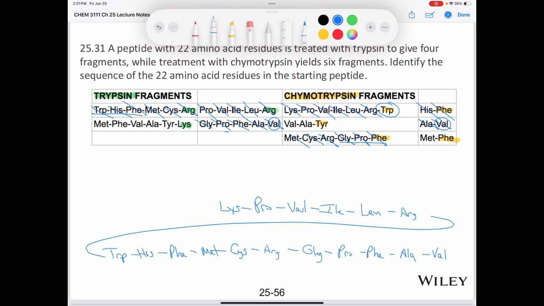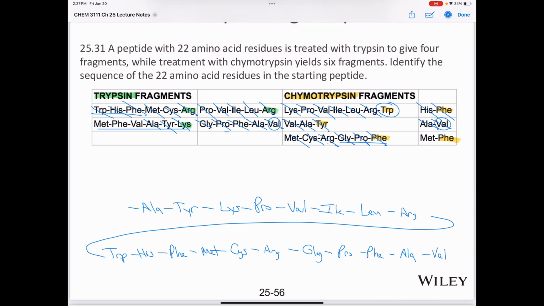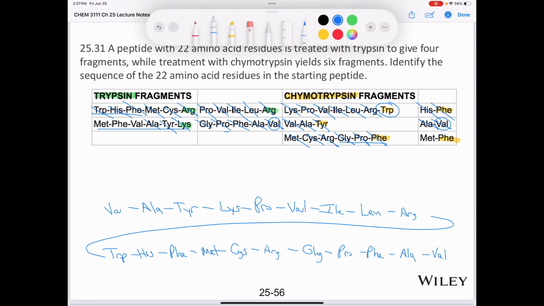Then the only thing that can come next are these five, right? Lysine. So then we have our tyrosine, alanine, valine, and those are these three here. So lysine. So we have tyrosine, alanine, and then we have valine.